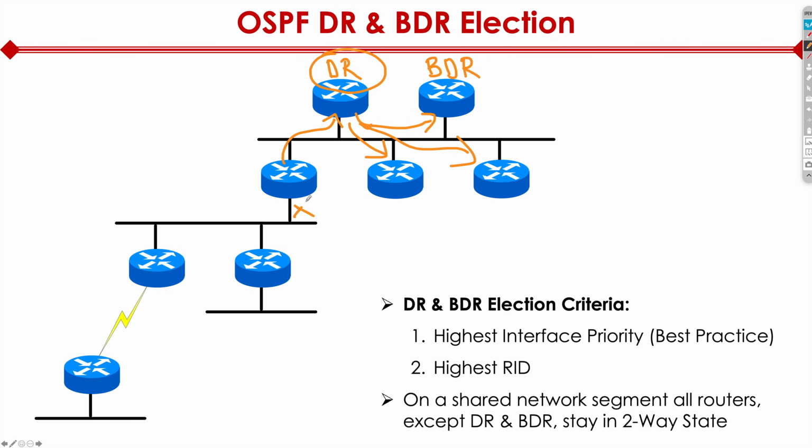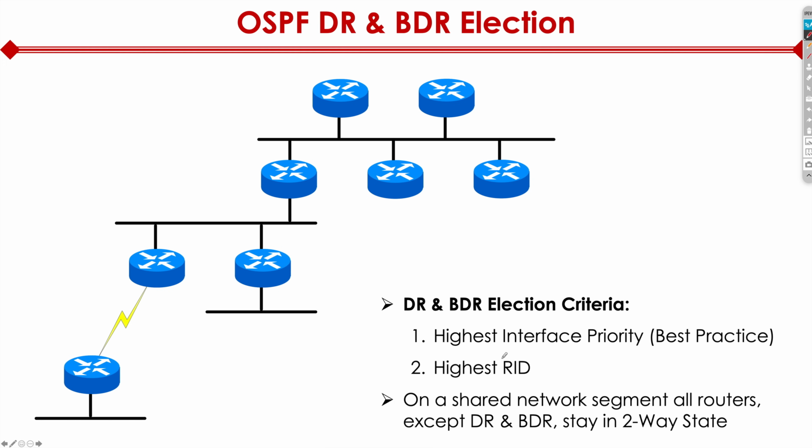Instead of this guy sending the update to this guy right here, this router, and then this guy advertising it to everybody else, and then everybody else advertising it to everybody else. This chaos is controlled by this DR, and this DR then becomes responsible for letting everybody else know.